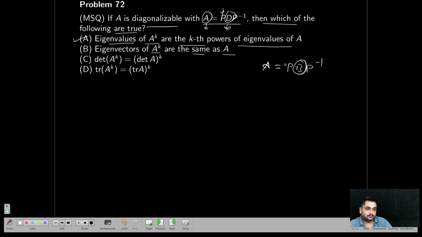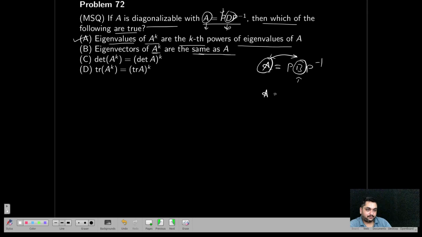So this matrix and this matrix are different. That's why B and A may not have the same eigenvectors. Here they are saying eigenvectors of A power k are the same as A. So we are not talking about B or D here.